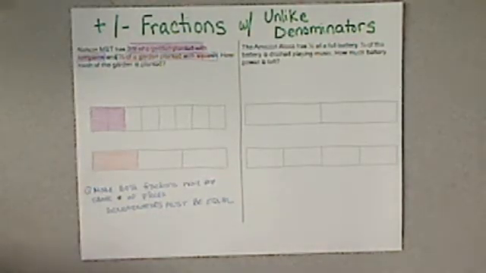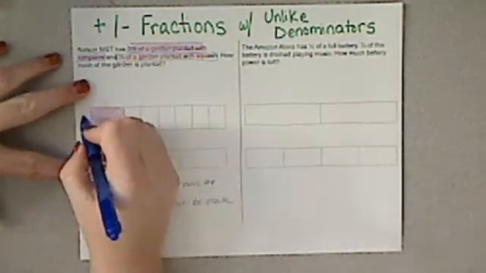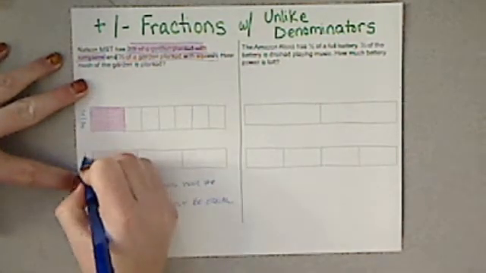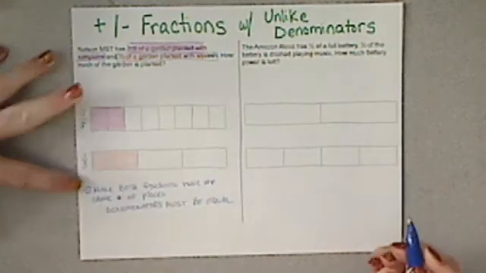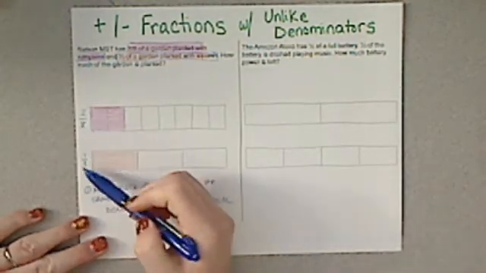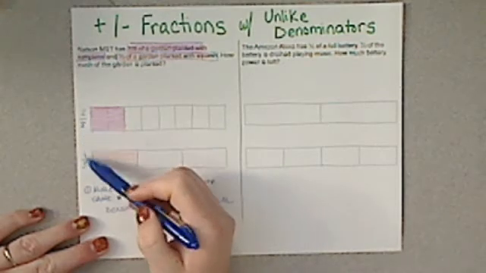Now, a lot of people would say, well, how do you know how many pieces you're going to do? I'm going to make this a little more simple. Our first garden has 2/8. Our second garden has 1/3. I need to use the denominators that I already have.